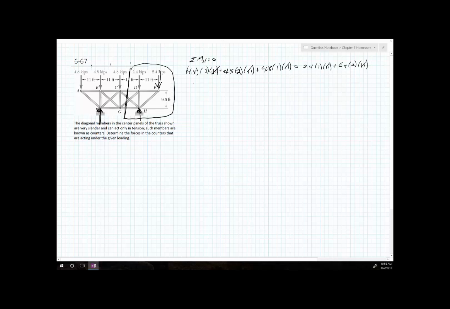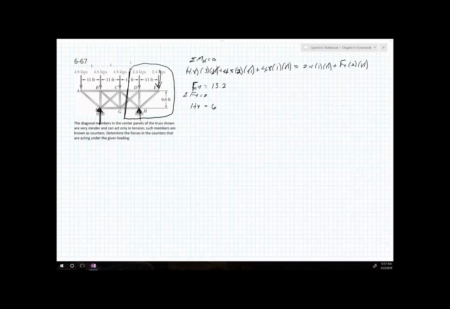So it turns out that, oh, that's F, I'm sorry. I can't even read the only thing. So this is F. We'll fix that real quick. So Fy is equal to 13.2. Then when I do my sum of the forces in y equals 0, it tells me that H in the y is equal to 6. I'm cheating and looking at the solutions while I'm doing this because this isn't the part that I care about.